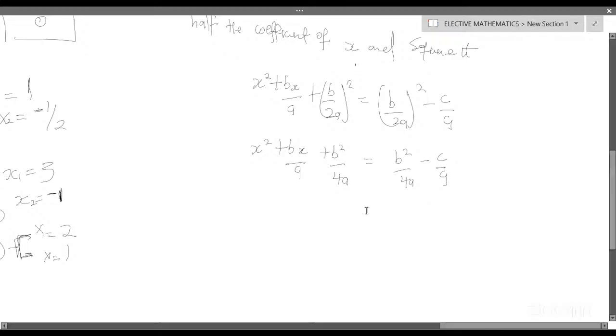Now, you know that in math, when we have x plus 1 multiplied by x plus 1, what do we get? We get x squared plus 2x plus 1. You get the point.